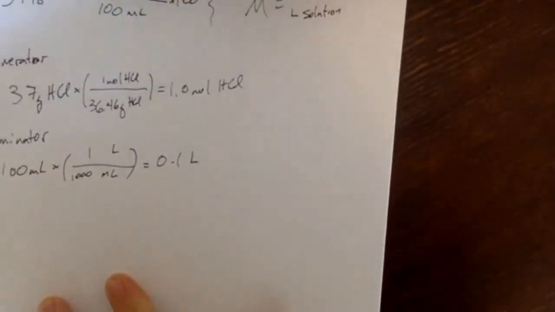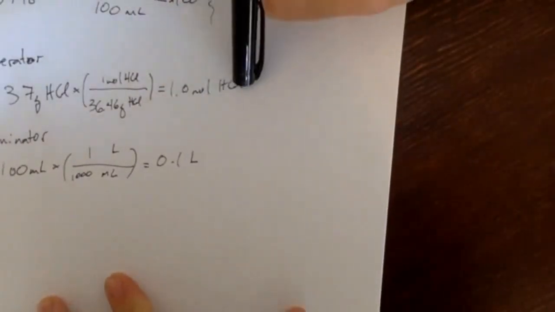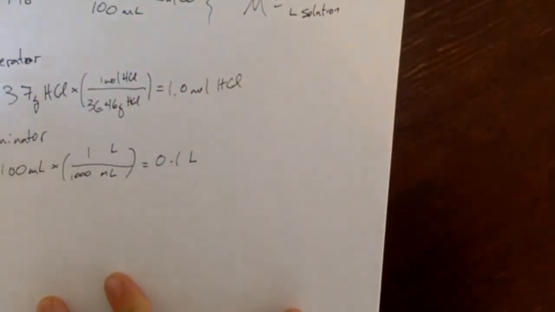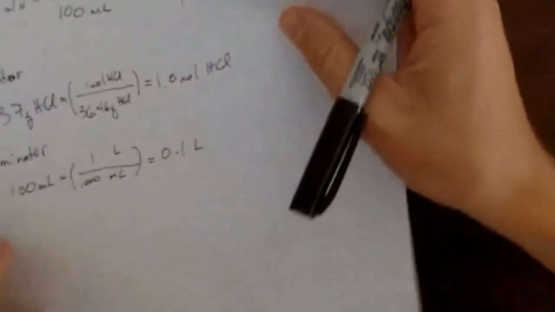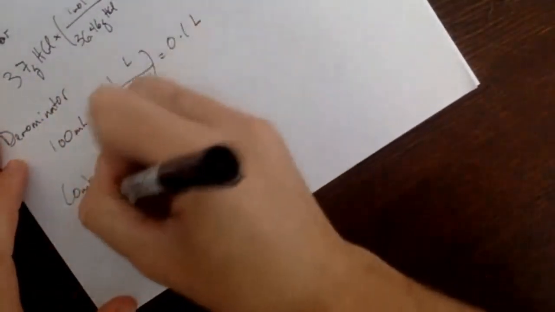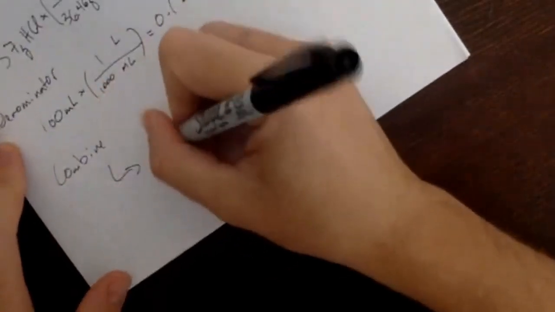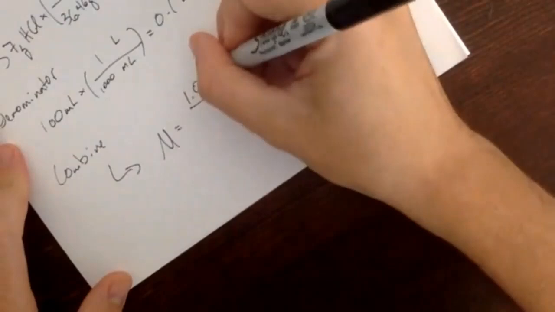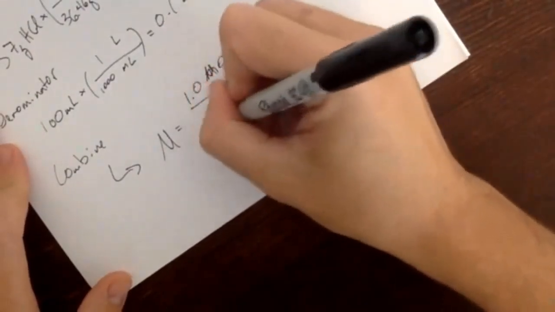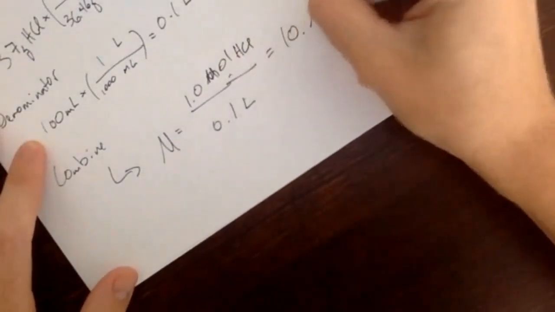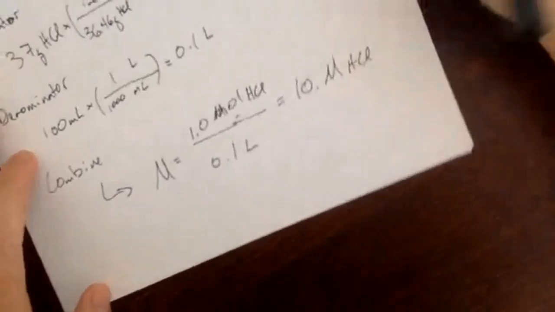So my 37 grams is equal to 1 mole of HCl, and my 100 milliliters is equal to 0.1 liters. And finally, I'm going to combine them. My molarity is equal to 1.0 moles of HCl divided by 0.1 liter, and that would be 10 molar HCl.